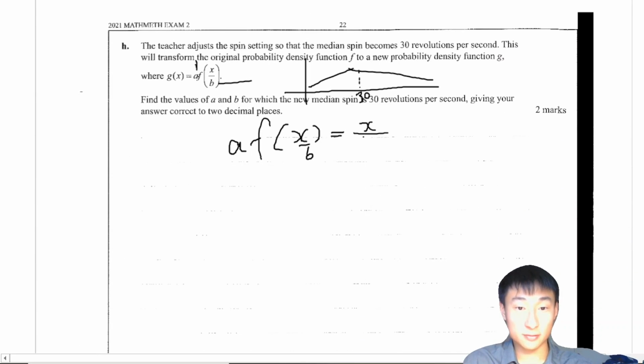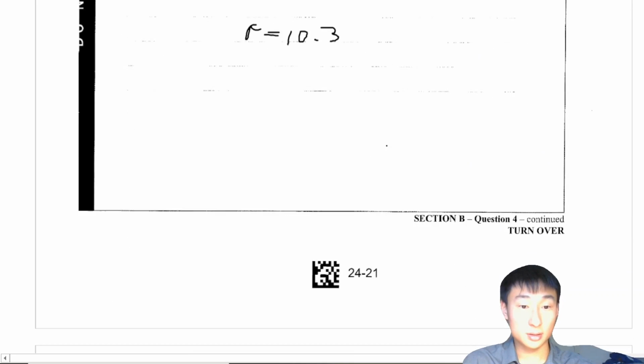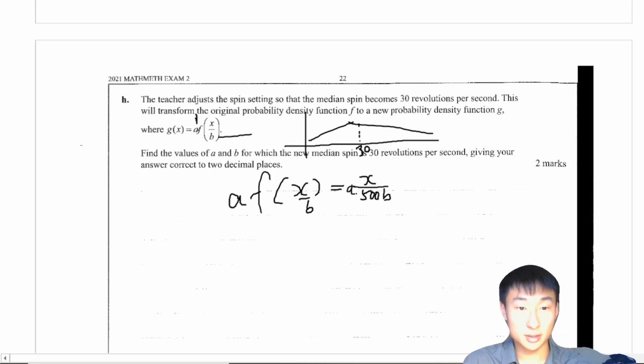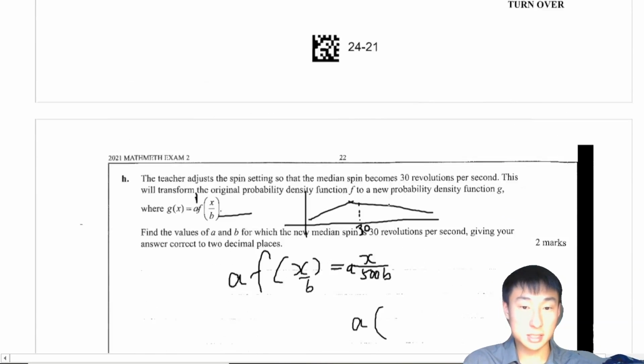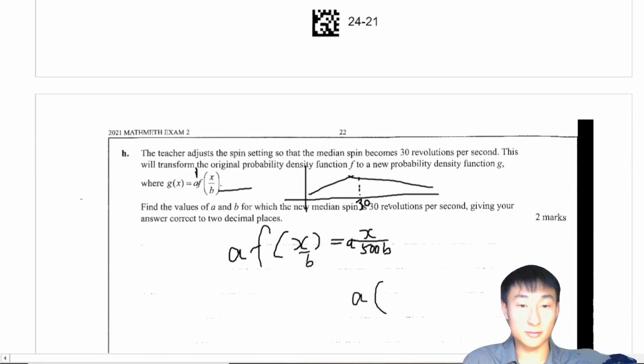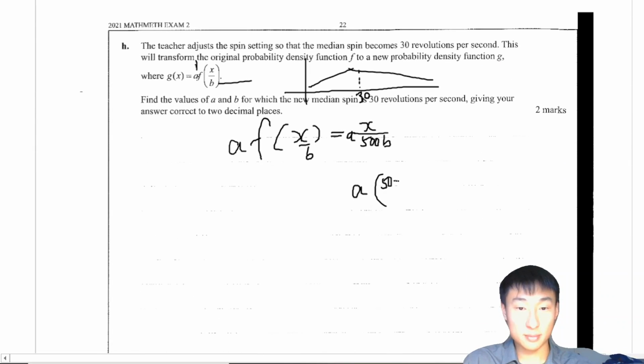That's x over 500b times a, and a times 50 minus x over 750, so 50 minus x over 750, x over b. Okay, so we get these two, and then the area under is, okay.